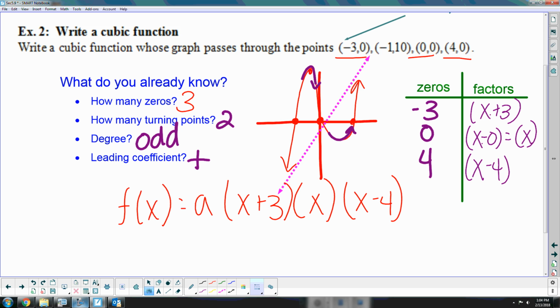So now we need to pick another point. Here's our other point, (-1, 10).